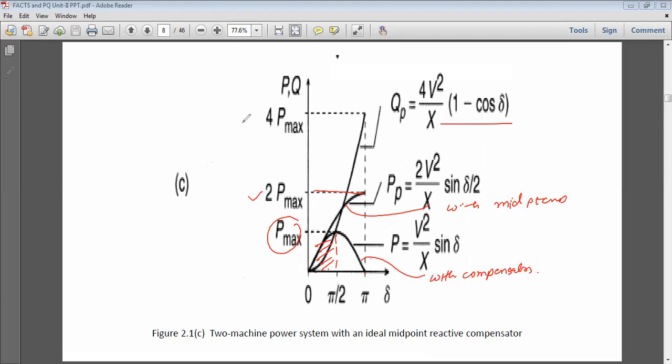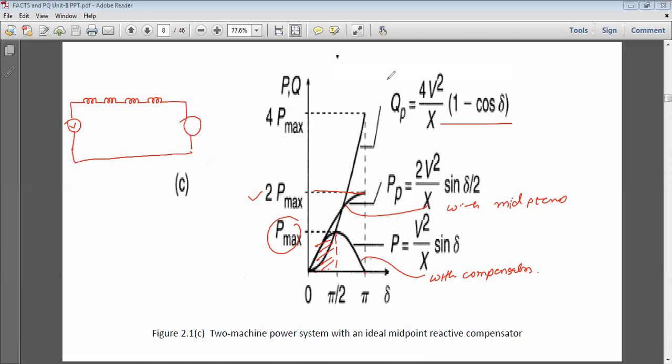Now with midpoint compensation, it is possible to connect multiple shunt compensators along the entire transmission line. Say, for example, this is a transmission line divided into four equal parts, with sending end voltage Vs and receiving end voltage Vr.